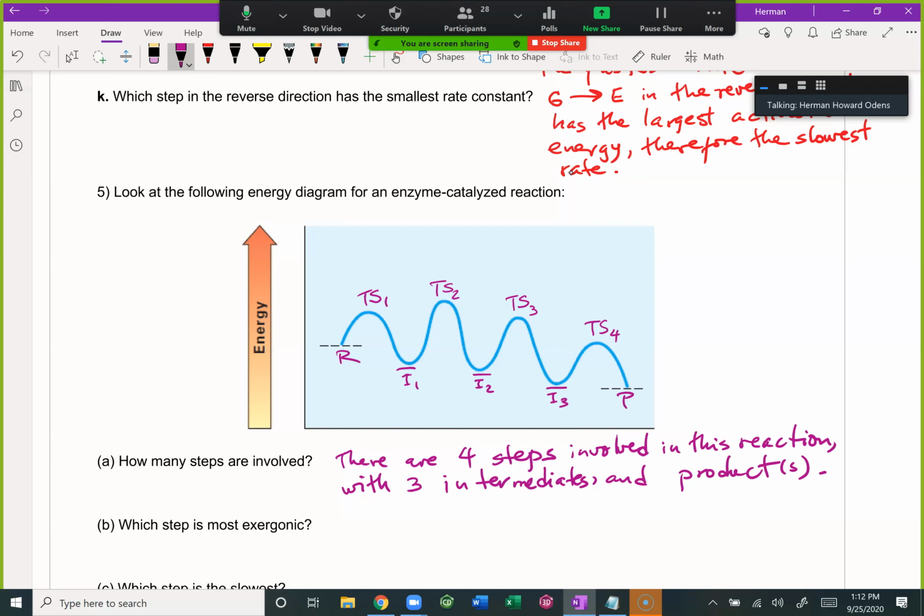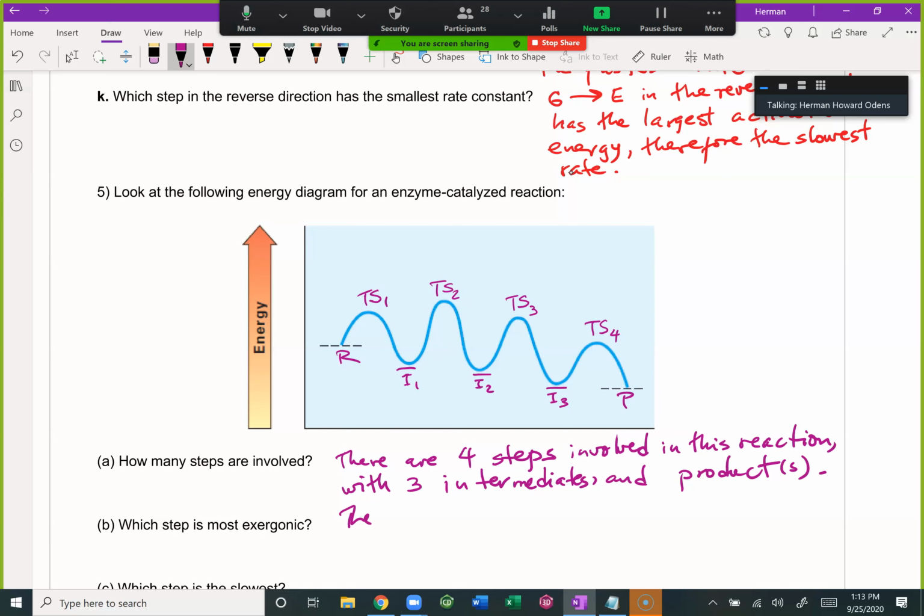Which step is the most exergonic? Which step releases the most energy? Step 1, 2, 3, or 4? Step 1. Yes, sir. And yes, ma'am.